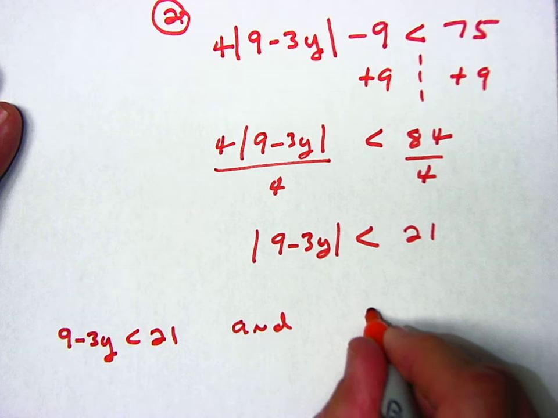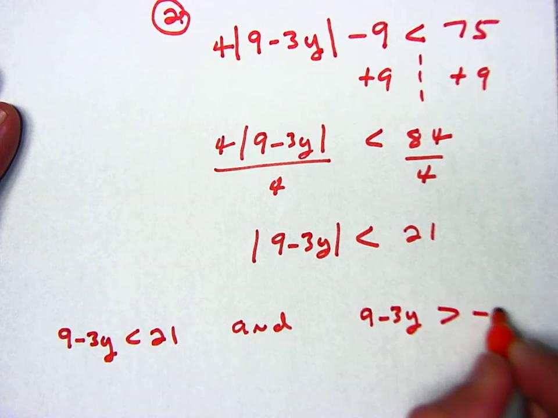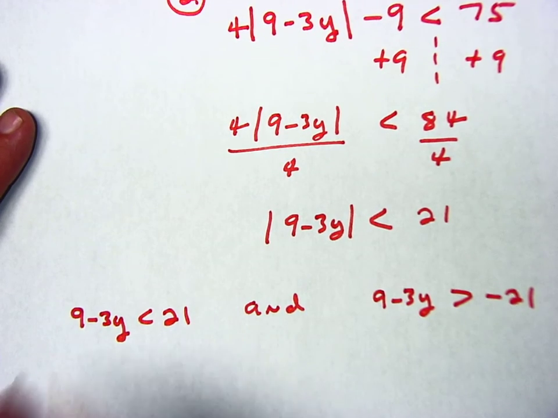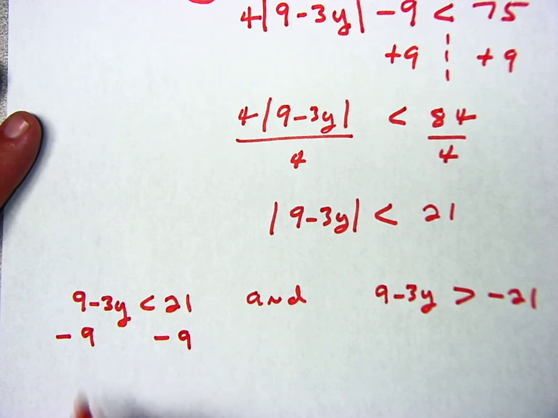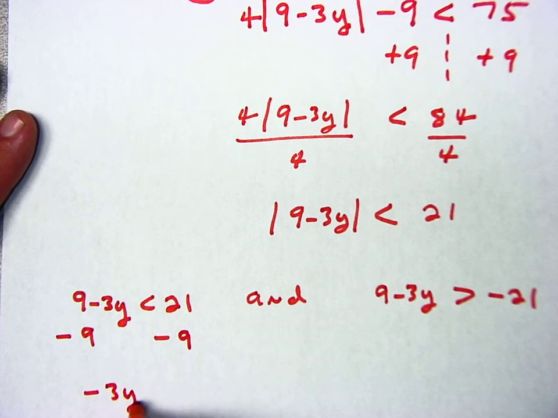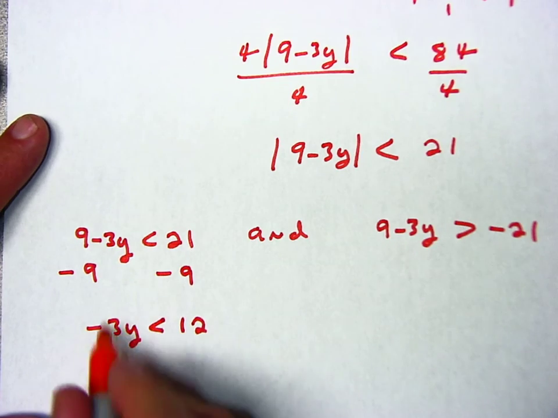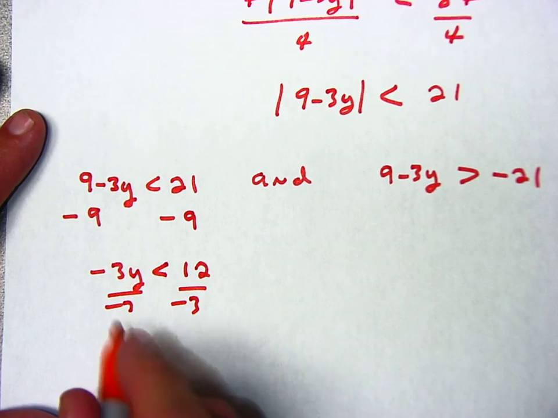The other one, drop the bars, flip the inequality, and change the sign of the number on the right. Then all you have to do is solve these two inequalities. Minus 9, minus 9, negative 3y is less than 12.